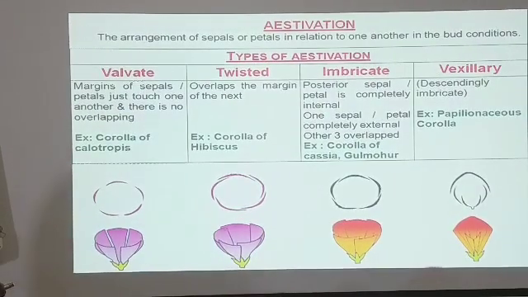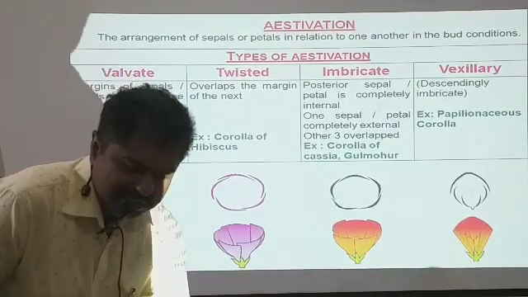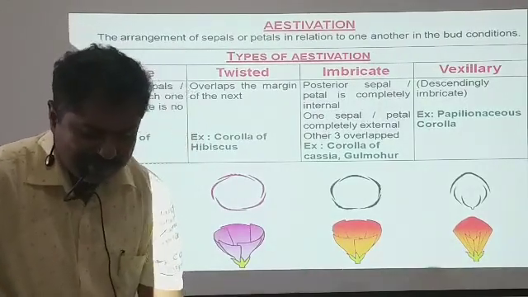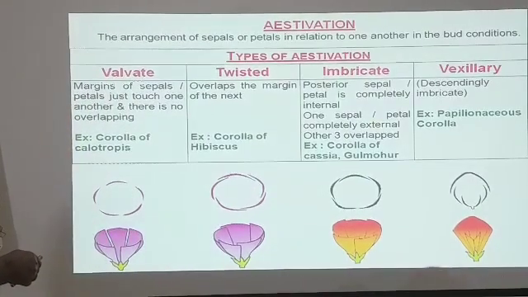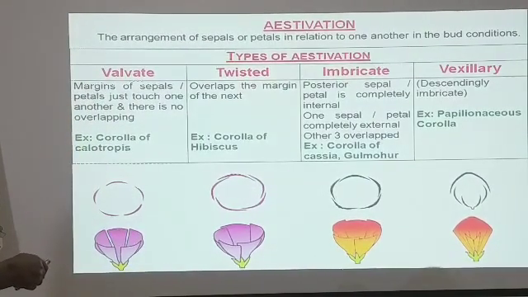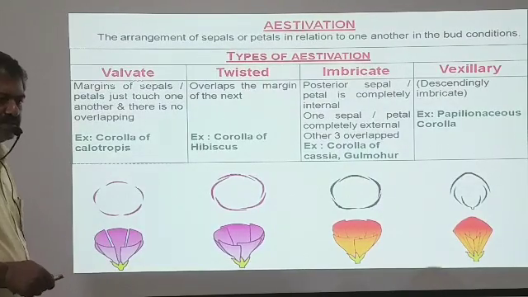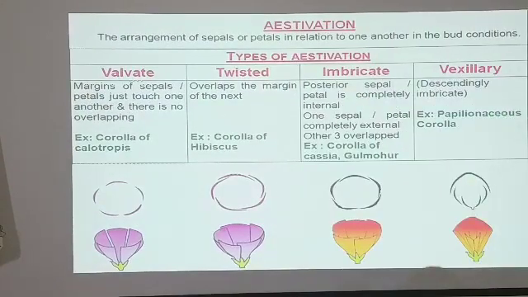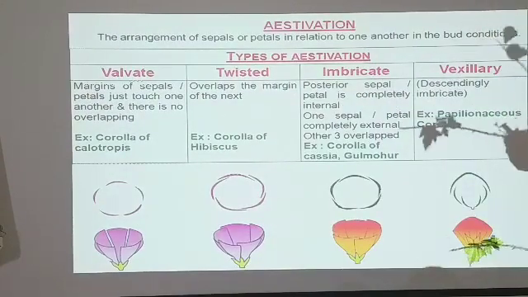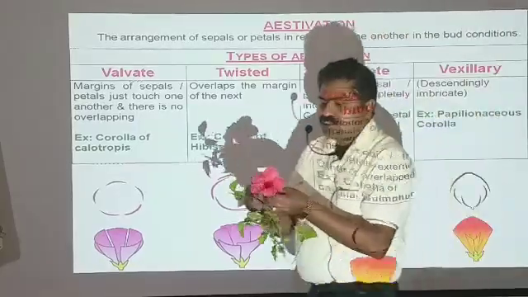Whereas in the twisted aestivation, here one margin overlaps the margin of the next, as in the corolla of the hibiscus. In the corolla of this hibiscus you can see the twisted aestivation.